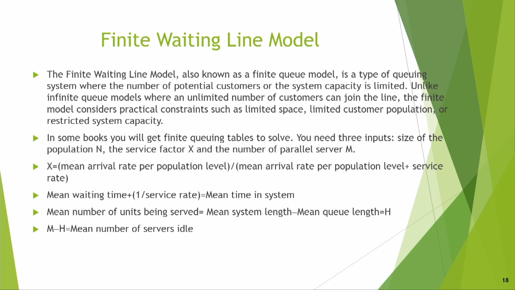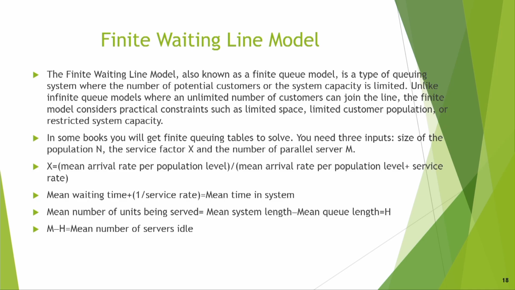In some books, you will get a finite queuing table to solve. That means it is something different and a little bit complicated, but you will get a table. You need 3 inputs: size of the population n, the service factor x, and the number of parallel servers m. With this data, you can get information from the tables.